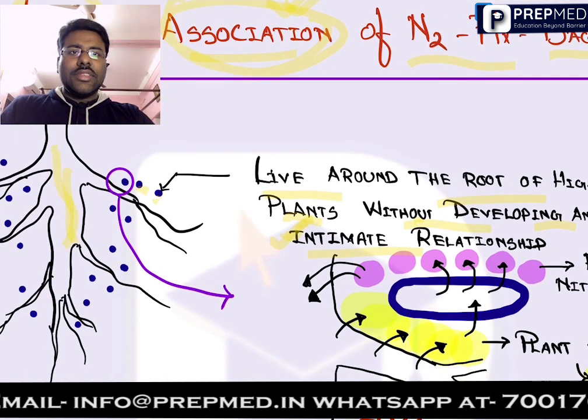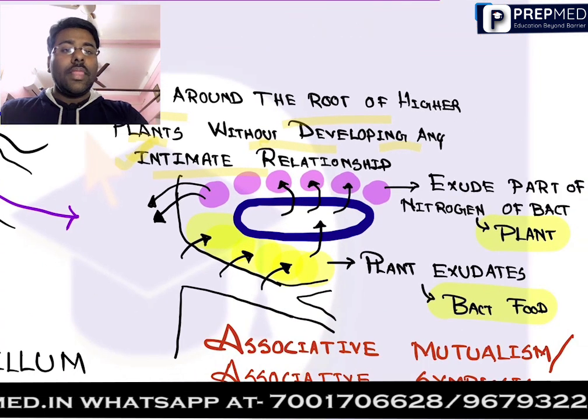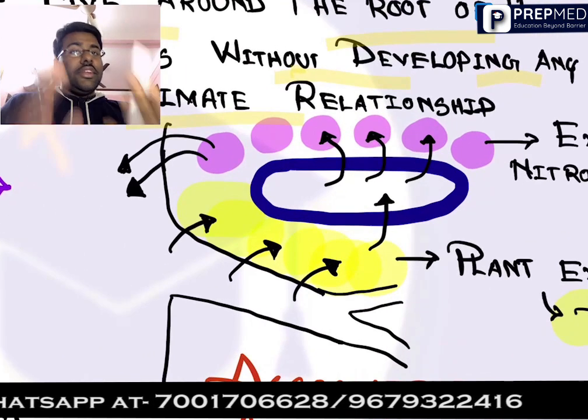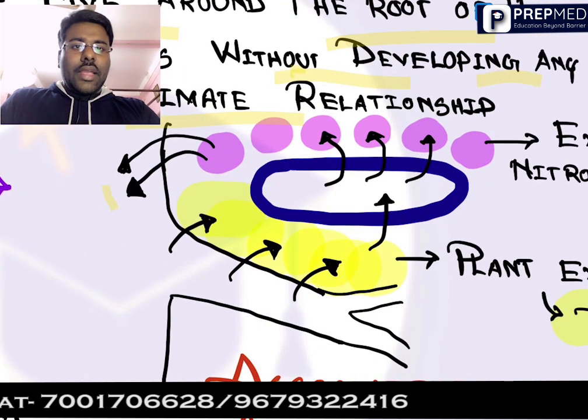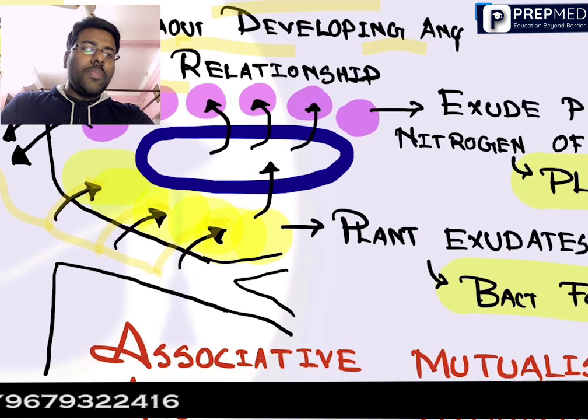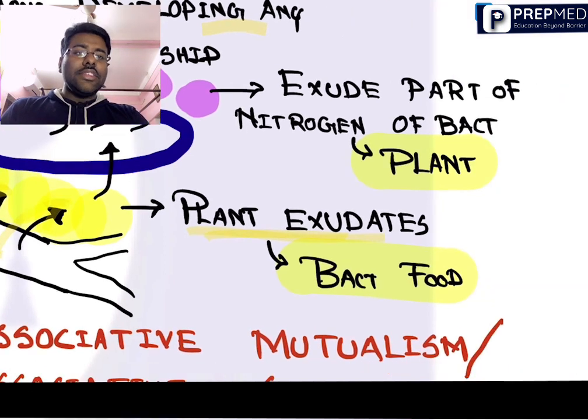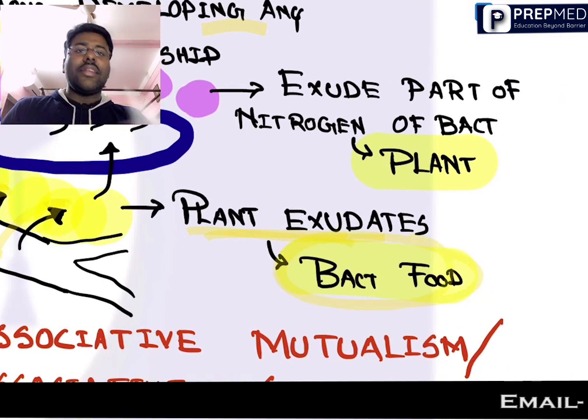Now coming to the discussion of why the association is there and why it is a loose association. It's very interesting, listen to me. From the root, the plant exudates come into the soil, and these plant exudates are the bacterial food.